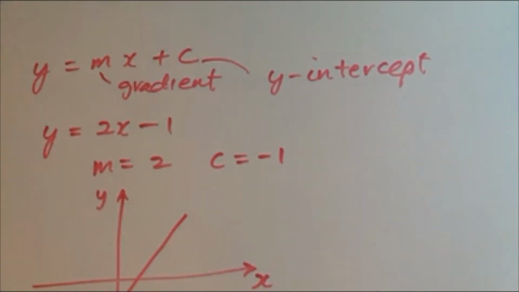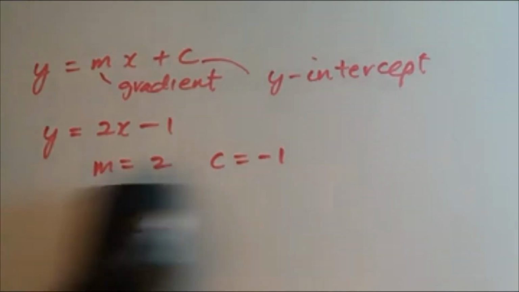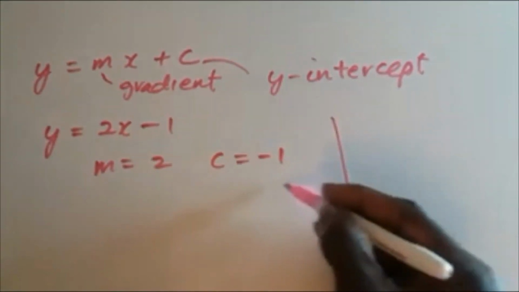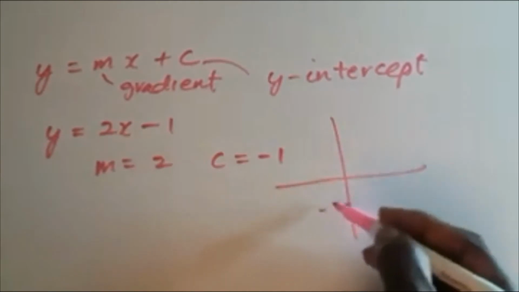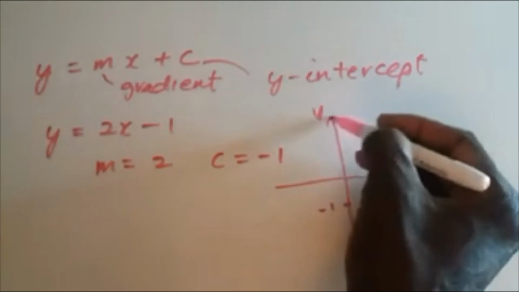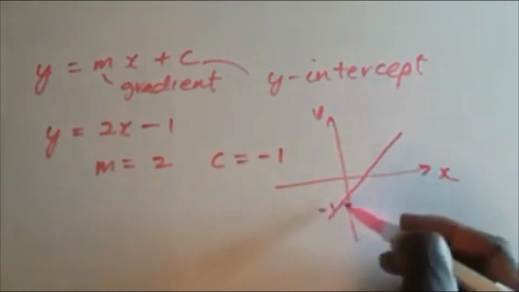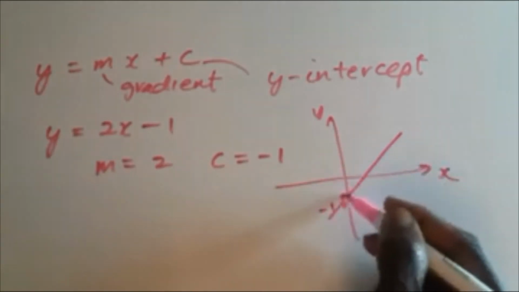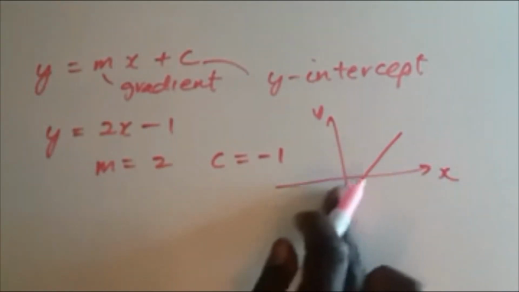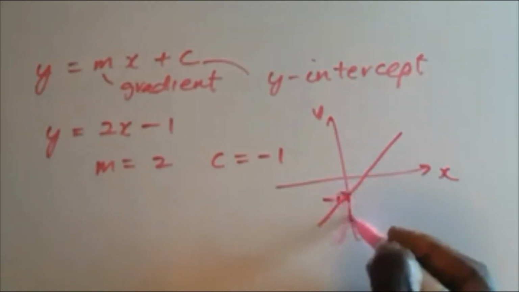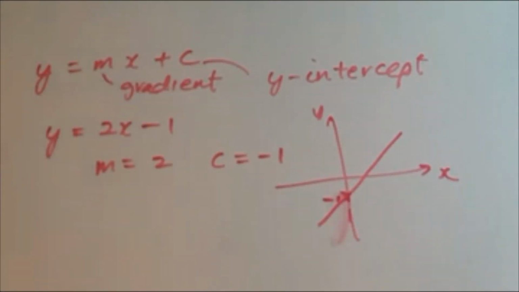Let me just draw this a bit higher. Our graph would look like this, this is -1, x, y. So this is the point -1, which is the y-intercept, where the line cuts the y-axis.